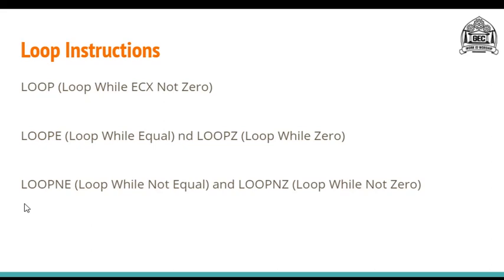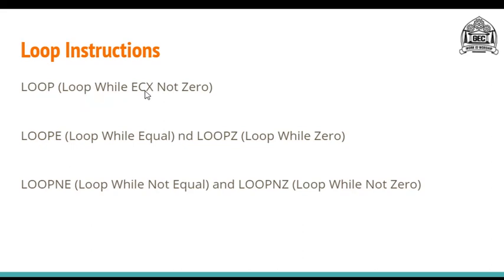There are three types of loop variants in assembly language programs. Loops are specified using the opcode or mnemonic LOOP, and its operand is nothing but the name of the label, that is the name of the group of statements that you want to repeat. So the first is the loop instruction.